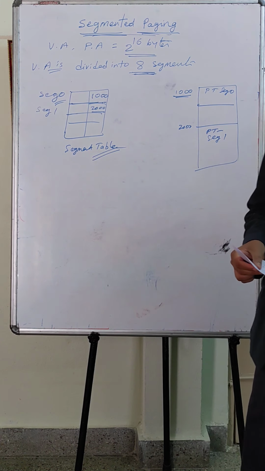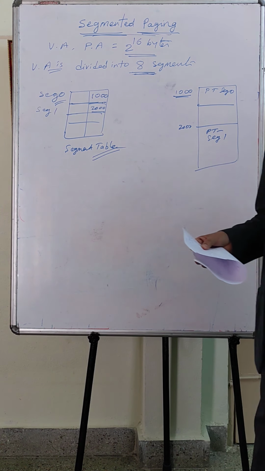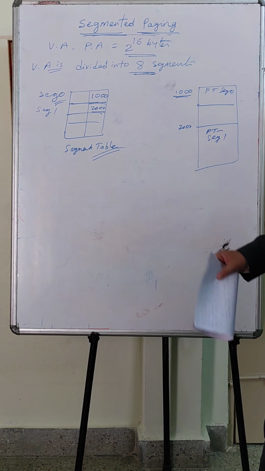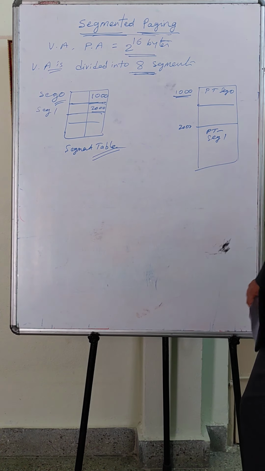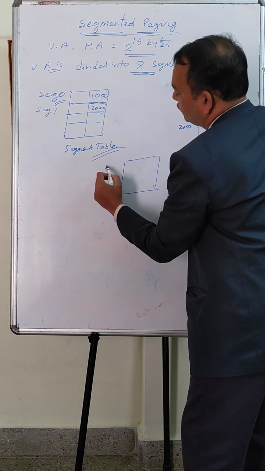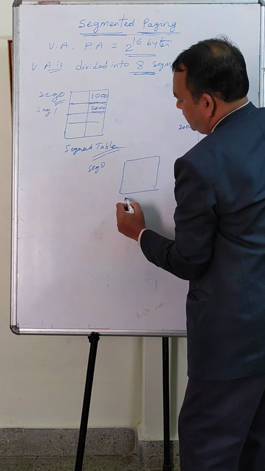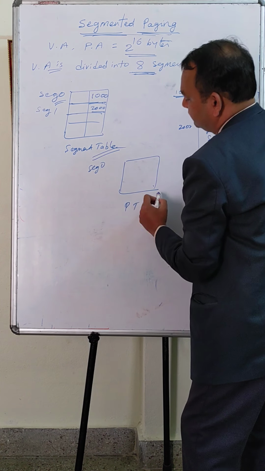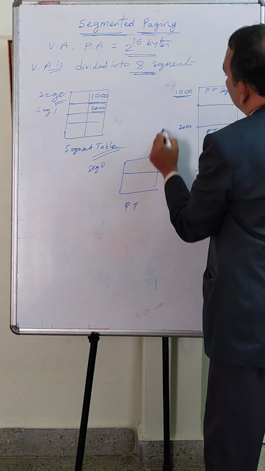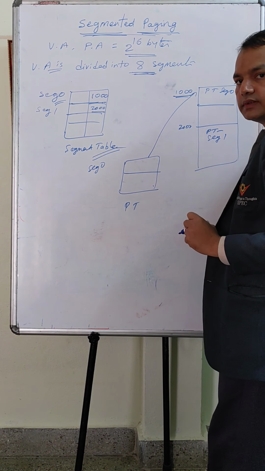Next, page tables are stored in the main memory and consist of 2-byte page table entries. See, here the page table is stored. Where is it stored? For segment 0, the page table is stored at address 1000.